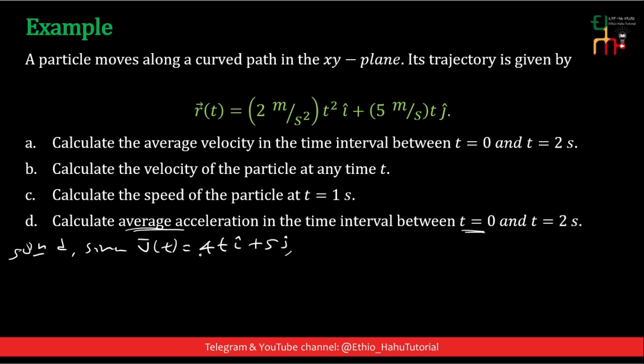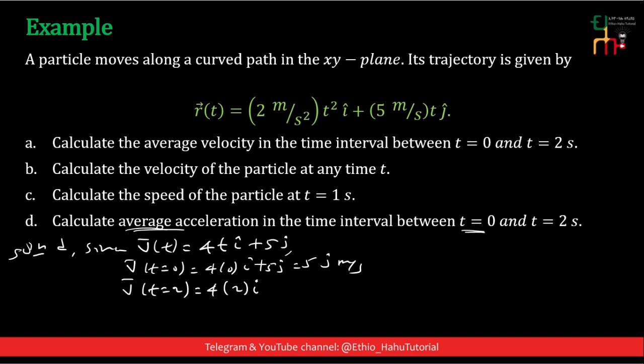To find it, v at the initial time t is equal to 0 is 4 times 0 i plus 5 j. This is equal to 5 j meter per second because 4 times 0 is 0. Velocity at t is equal to 2 seconds is 4 times 2 i plus 5 j, which is 8 i plus 5 j.